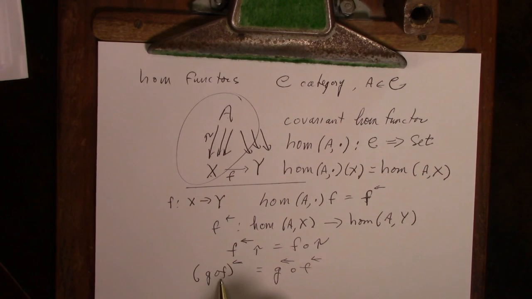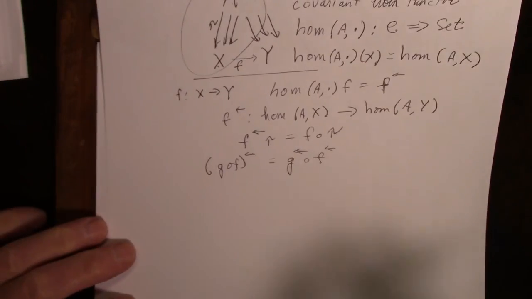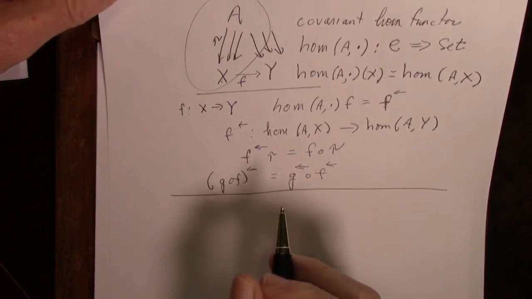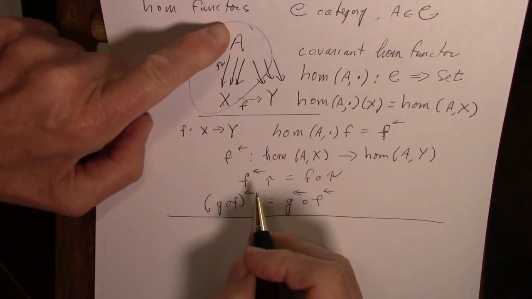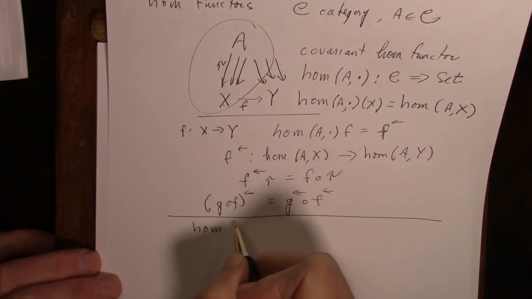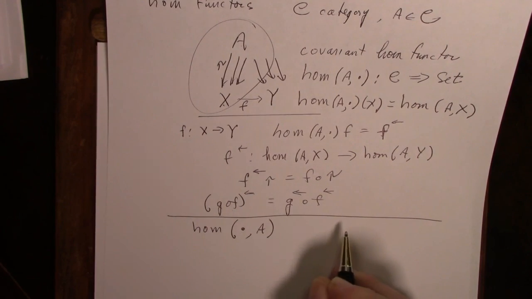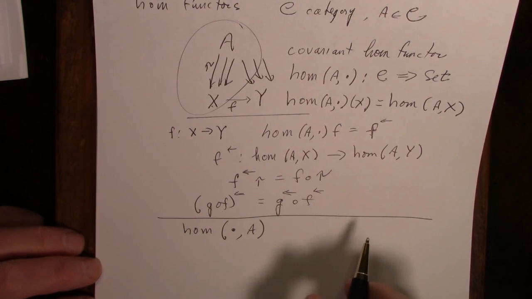Following by G circle F is the same as first follow by F and then follow that by G. As I said, there's a contravariant version of this where we take Hom sets in the other direction from X to A, and so we will get Hom(·, A). I will let you fill that in as well.